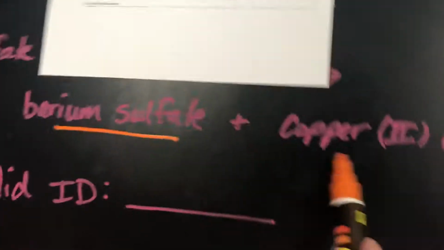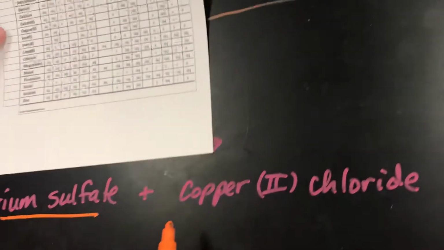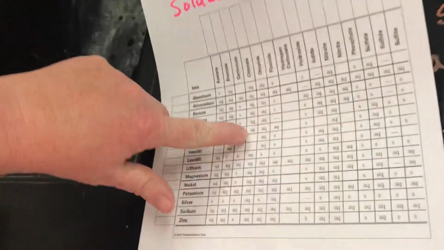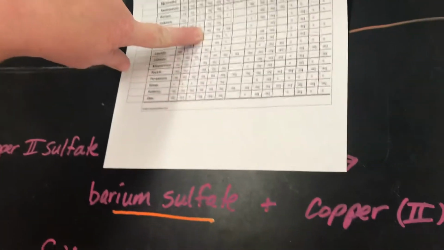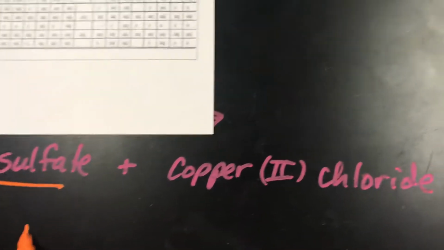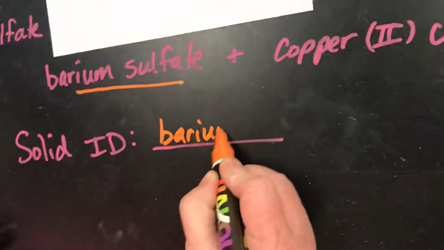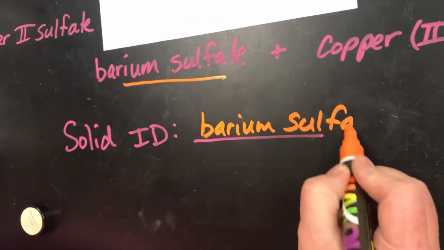We just want to double check that copper 2 chloride is indeed aqueous, so it remains dissolved in water. So the solid ID here is the barium sulfate.